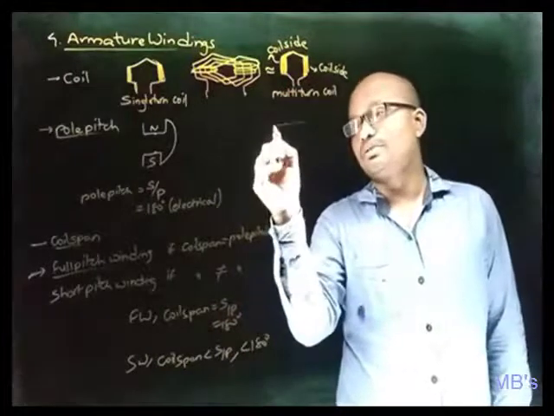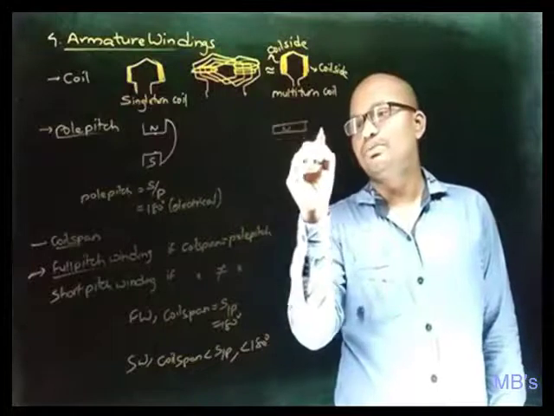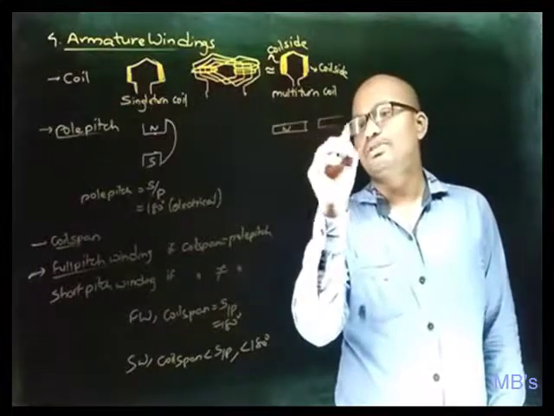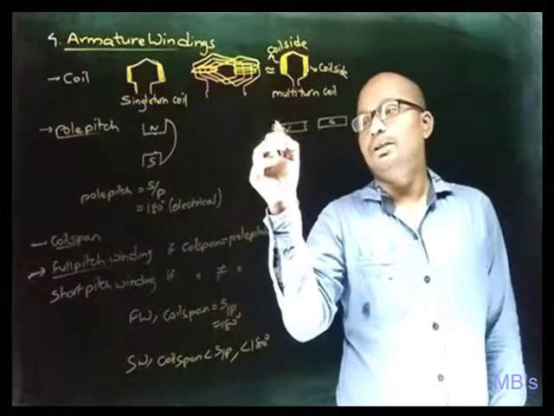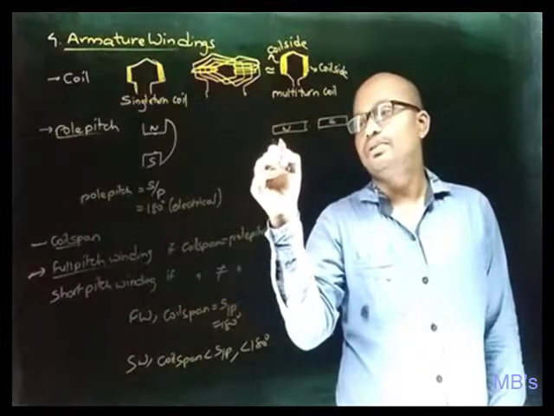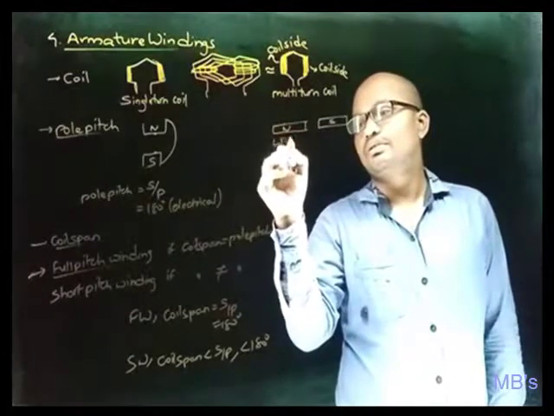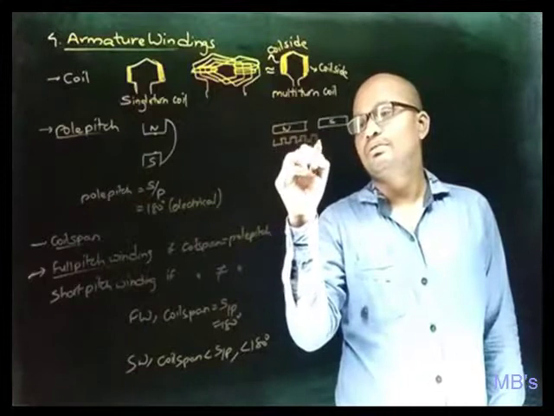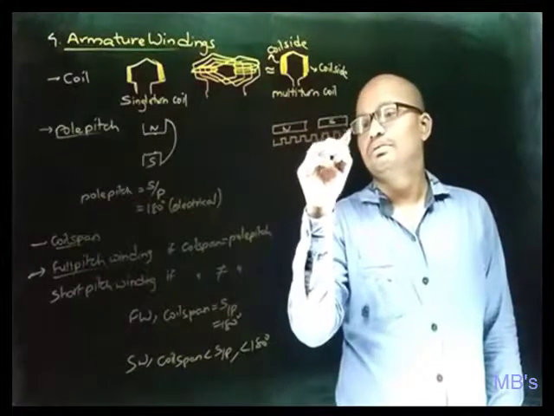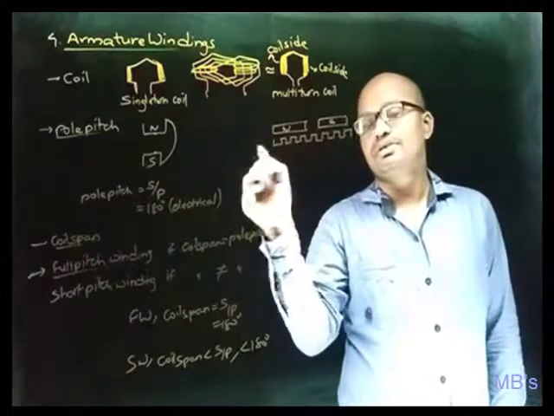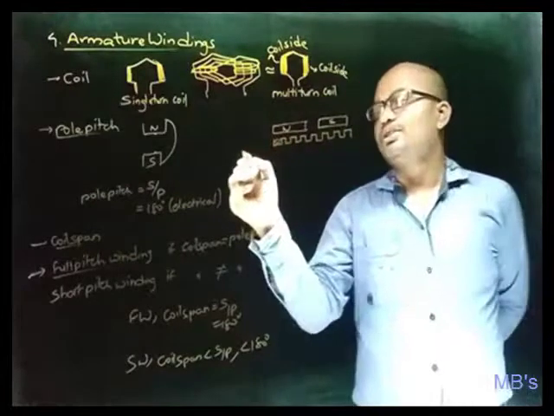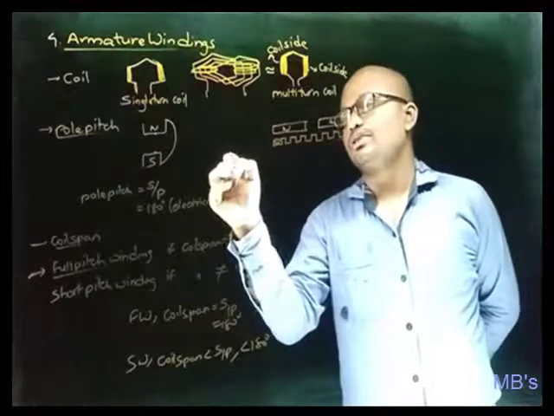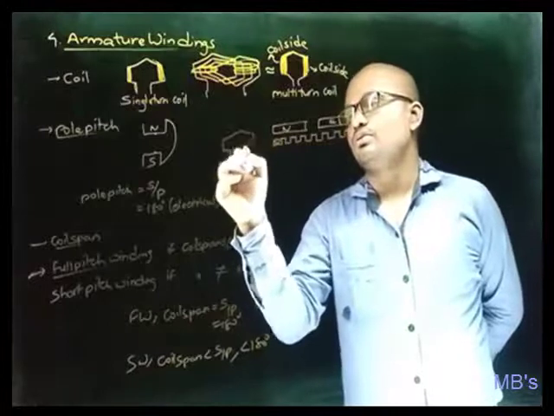For suppose, let us consider this as North Pole, and let us suppose this as South Pole, and let us suppose these are the slots in which conductor is to be placed. Consider this coil full pitch winding.